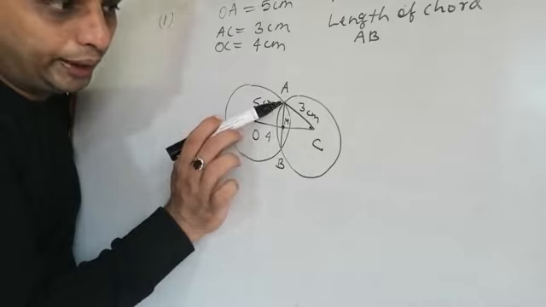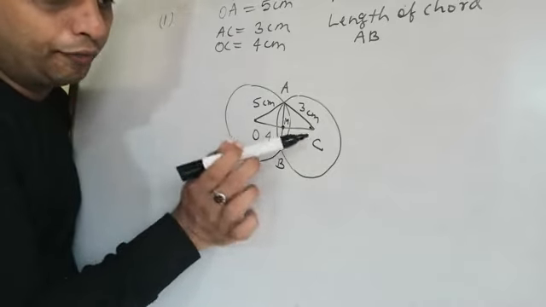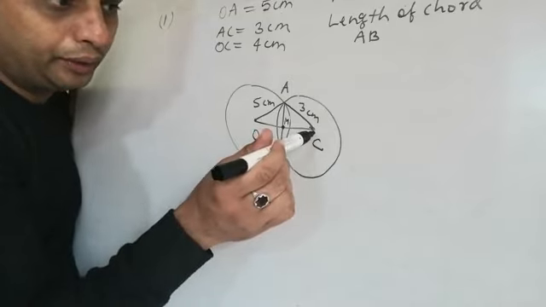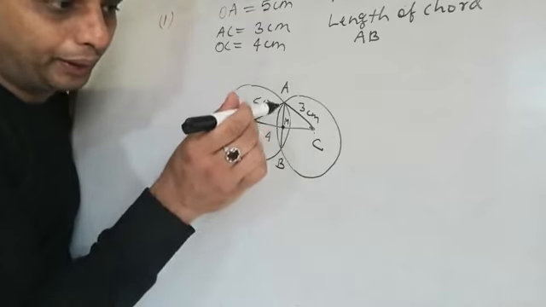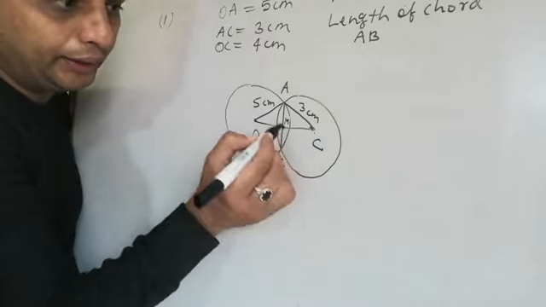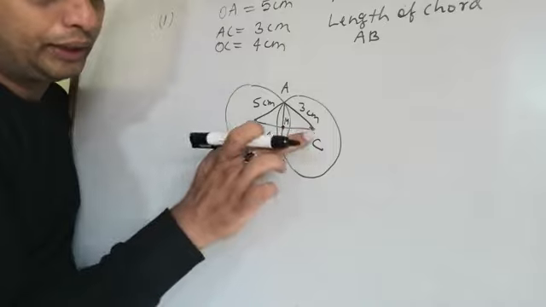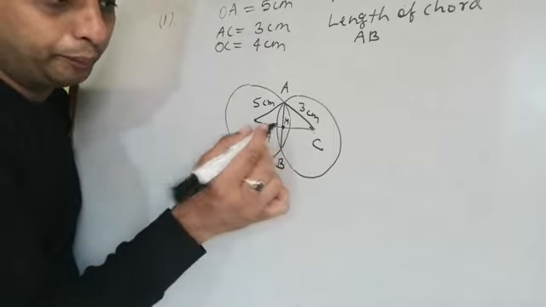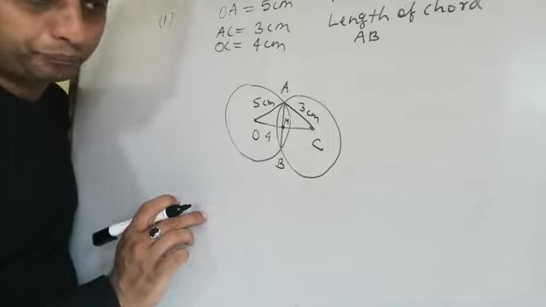Now AM will be equal to MB, because we have studied one theorem. C is the center, and the line drawn from the center of the circle perpendicular to the chord will bisect the chord. So we will write in the construction: let CM be perpendicular to AB and OM be perpendicular to AB. So it will bisect the chord into two equal parts.